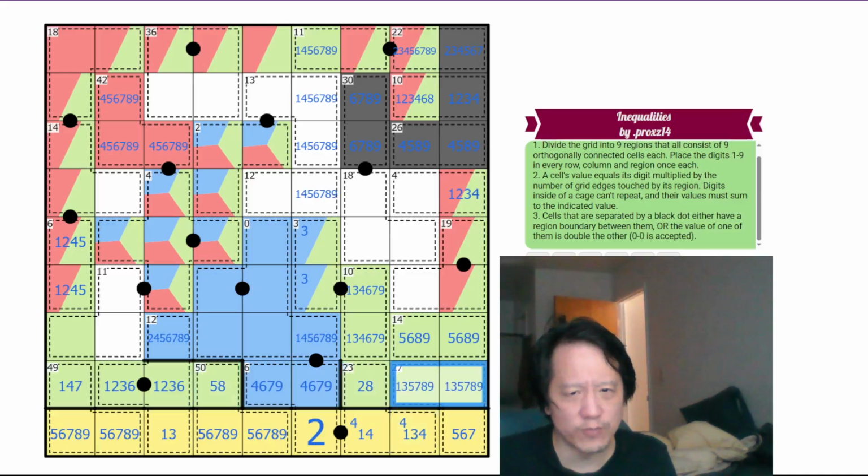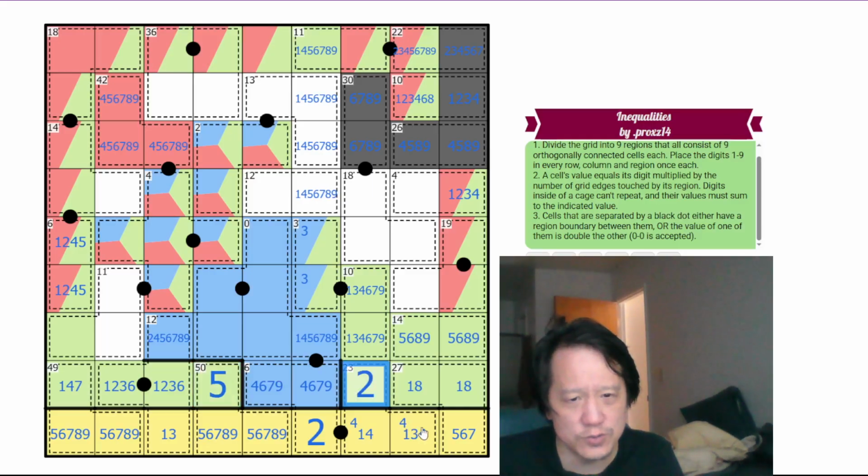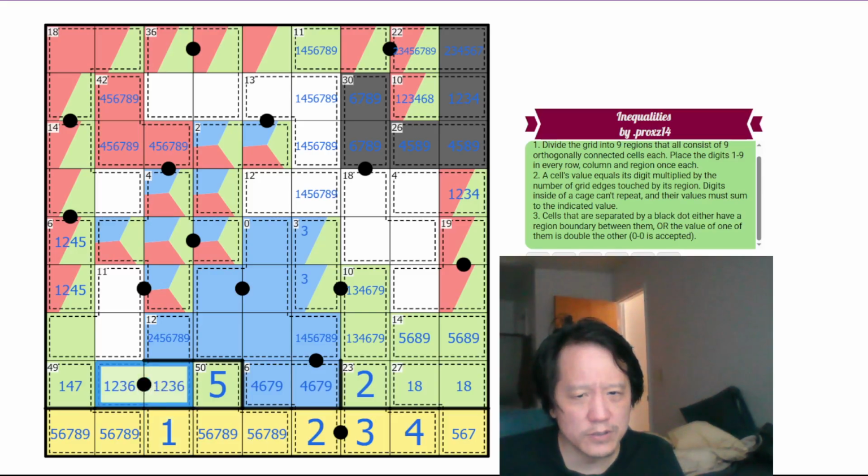So 1, 5 works. What about 1, 8? 1, 8 means this is not 8. It's 5. That's 2. So again, this is 4, 3. That makes this 1. Hold up.